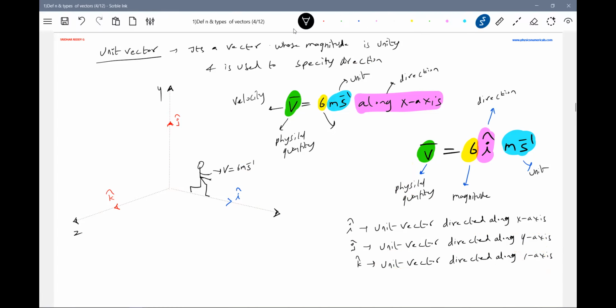And k cap is along the z-axis. Look at this: x-axis, y-axis, z-axis. Fine. So that one specific direction, 6 meters per second along the x-axis.